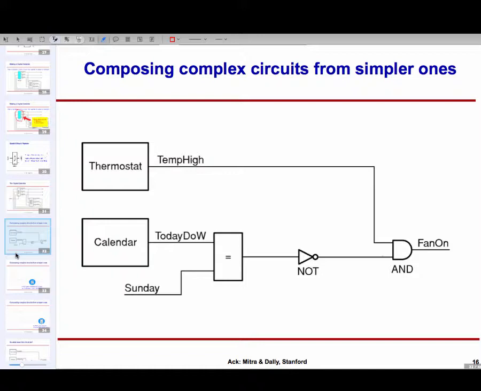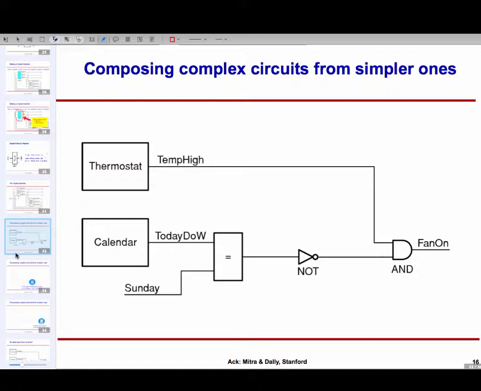And then this symbol that you are seeing is what is called a logic NOT. What it is doing is it takes logic 0 and makes it 1, or takes a 1 and makes it 0. So it inverts the sense of the logic. So if today was a Sunday, then the output of this NOT gate would be low. It's going to be high, logic 1 or true, when today is not a Sunday.